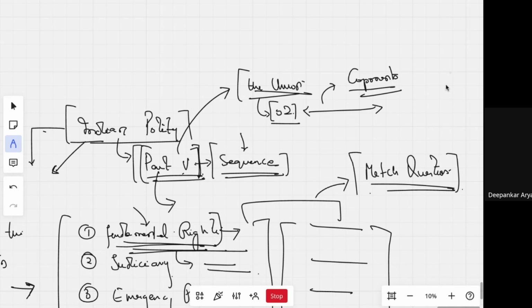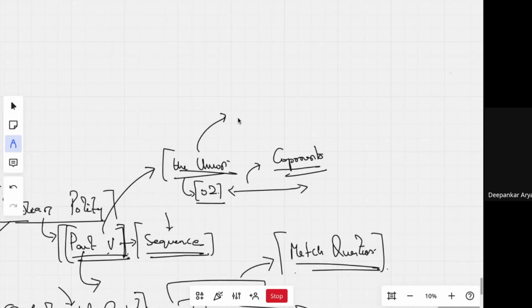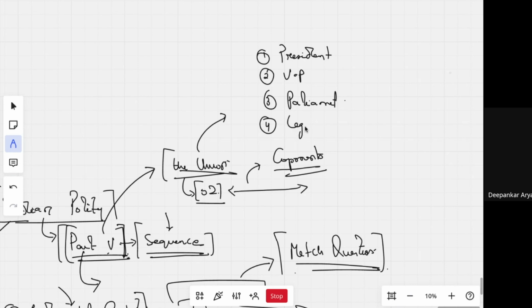What are the different components of the union? For example, we know that the union will have various chapters. One of the chapters is the president. Then we have the vice president, parliament, and legislative procedures.